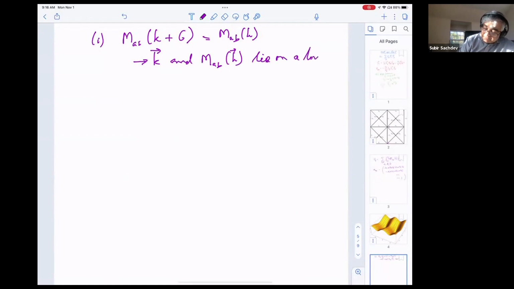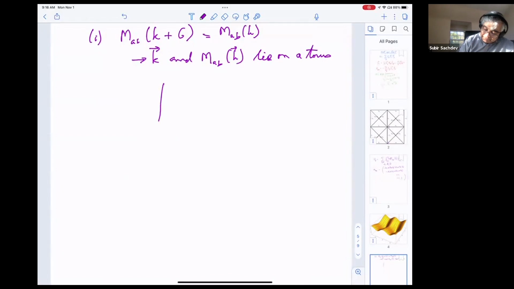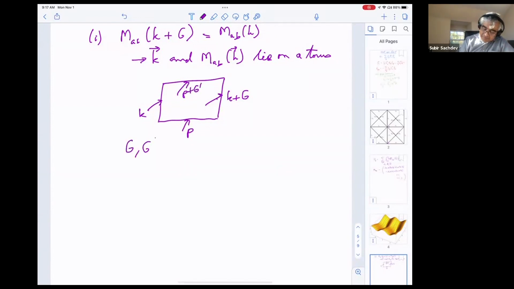So I'm going to restrict myself to 2 dimensions here. In this case, there's some unit cell that could have strange shapes in different lattices. So this is K here, then this line is K plus G. And similarly, this is P here, and this is P plus G prime, where G and G prime are reciprocal lattice vectors.